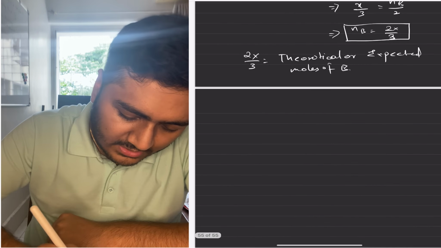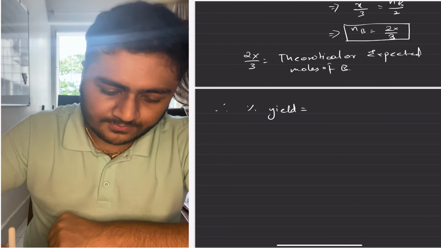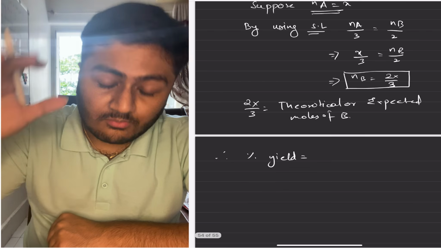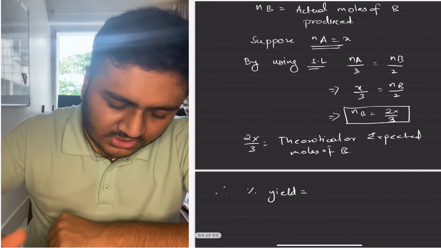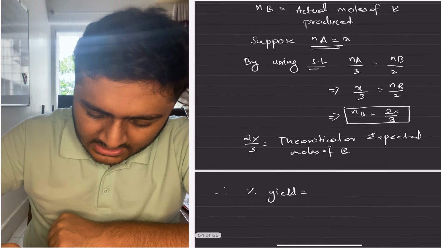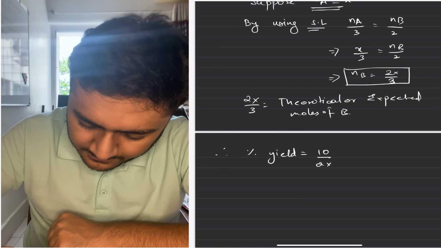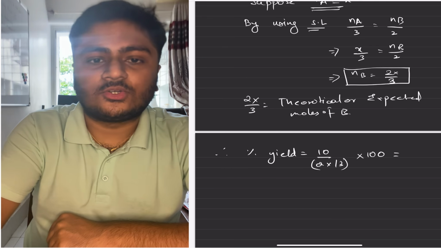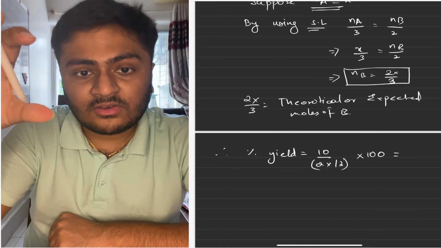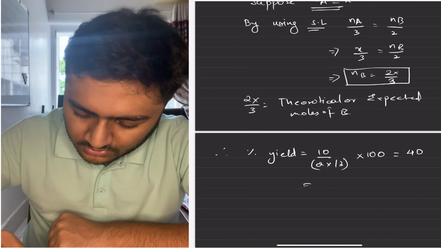Therefore, percentage yield will be equal to actual moles, which is already given in the question as 10, divided by 2x by 3, into 100, is equal to the yield, which has also been given as 40%, so it will be equal to 40. Now let's calculate this.